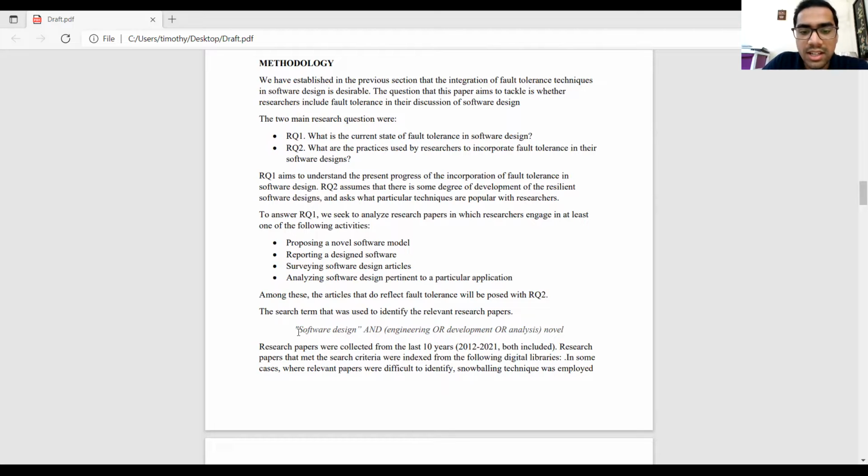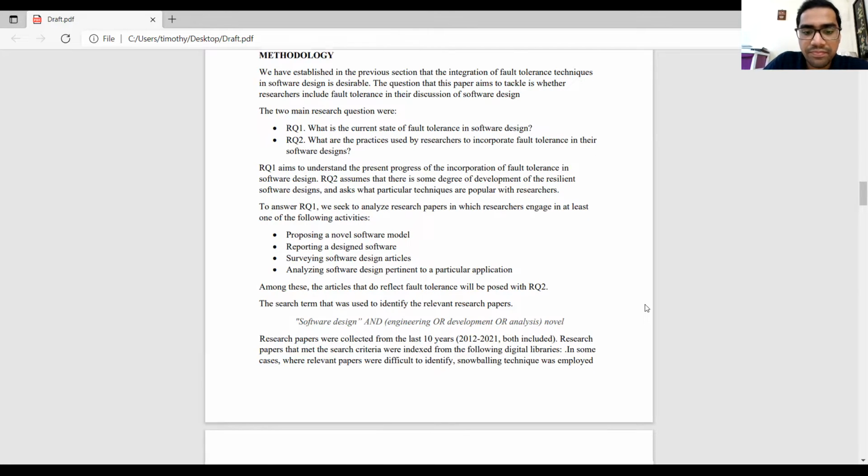This is the search term that I used to select the papers, and these were the criteria. They had to be either proposing a novel software, reporting a design software, or they were maybe surveying particular articles or analyzing particular application software.